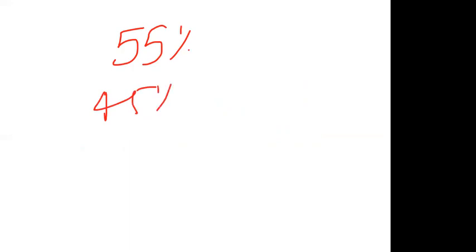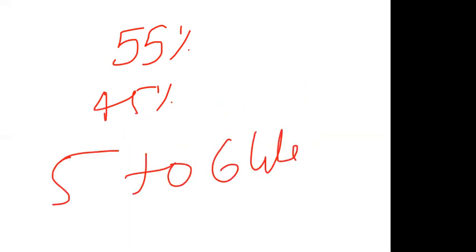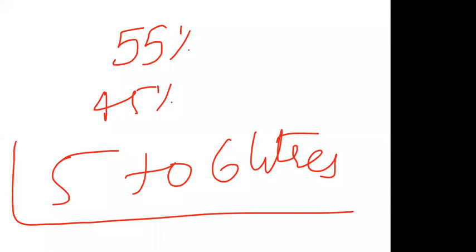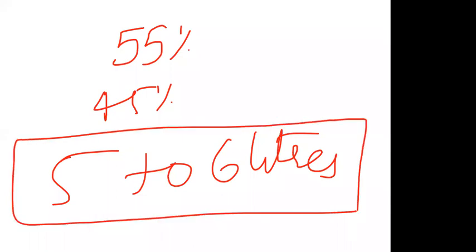The plasma constitutes about 55% and the cells are about 45%. The total volume of the blood in an adult human is about 5 to 6 liters. On average, a person has 5 to 6 liters of blood.